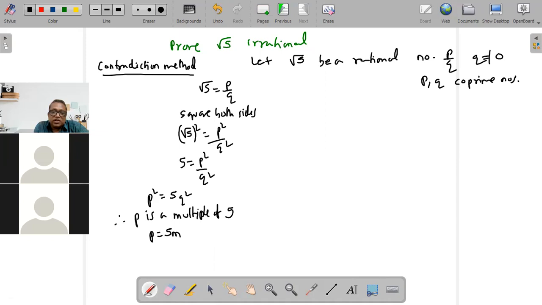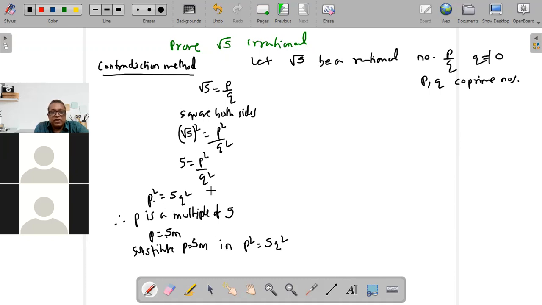Now what will I do? I will replace this value of p here, substituting p equal to 5m in p square equal to 5q square. Yes. If the square of a number is a multiple of 5, then the number itself will also be a multiple of 5.